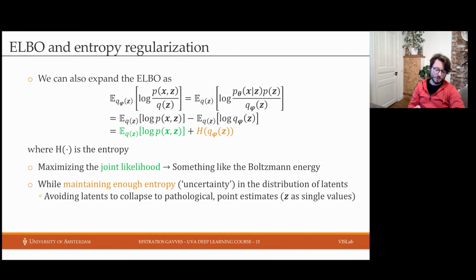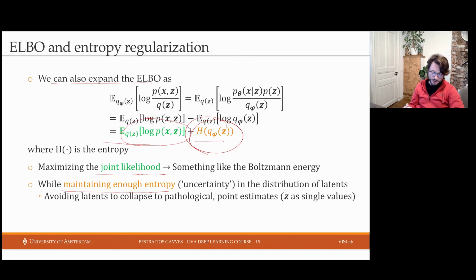Another way we can rewrite the ELBO is by expanding it such that we obtain an expectation over the log density and an entropy term. Under this formulation, we can understand the ELBO as an objective which aims to maximize the joint likelihood, something like the Boltzmann energy, like the true generation in our model, while maintaining enough entropy in my learned density function.